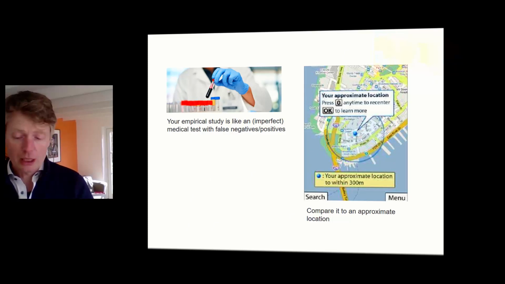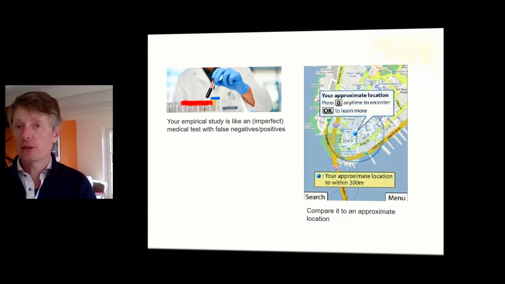There's actually a one-to-one link with the example, and so medical tests are also an empirical test, right? And you should see your own empirical work through the same lens. It's just like when you look on your smartphone and you get this circle around this sort of point estimate, that gives you the approximate location.